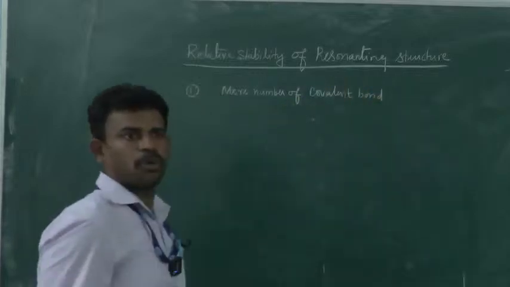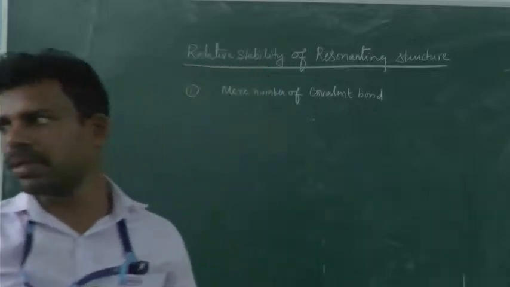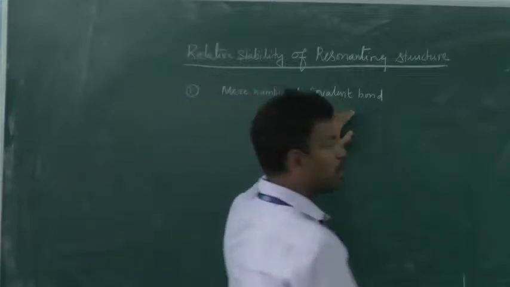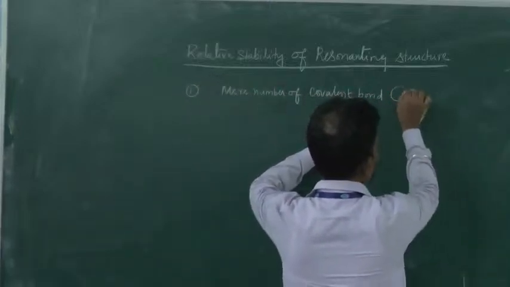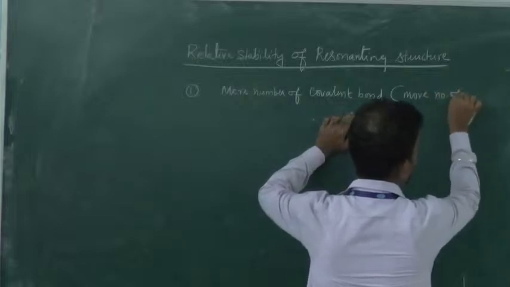In the structure, the covalent bonds will be more. That is going to be more stable. We labelled resonating structures 1, 2, 3, right? What we look at particularly in them, another hint for this is more number of pi bonds. More number of pi bonds.